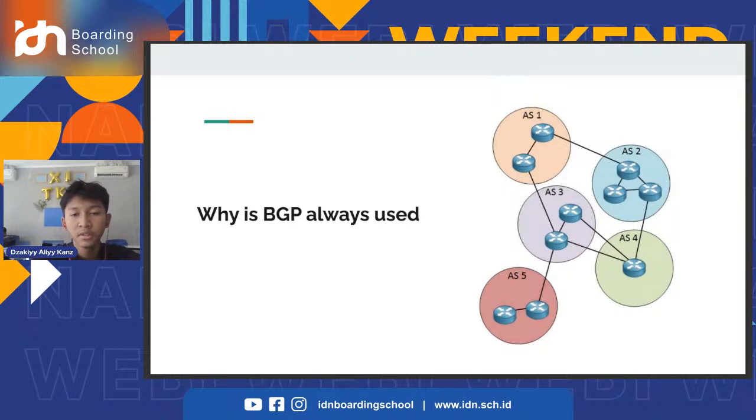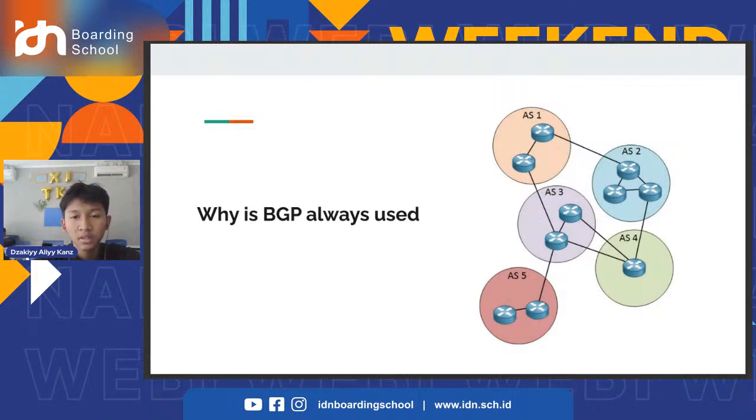AS is an autonomous system that has the function of making a cluster for the company. For example, Telkomsat, a telecom company, has its own AS to have a different cluster, and in the AS there are routers that are only Telkomsat routers.